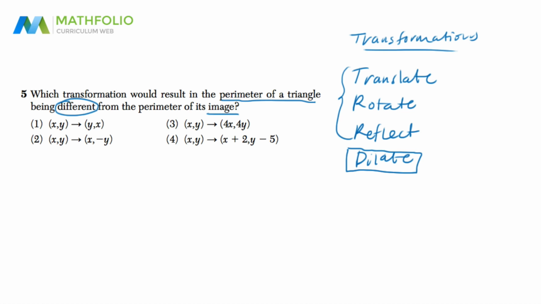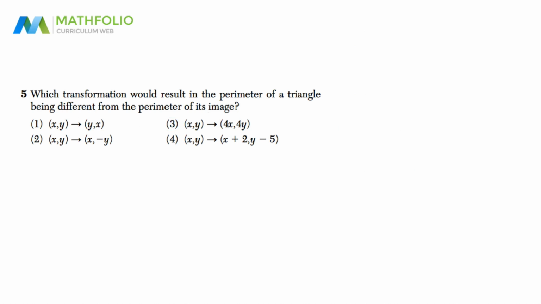So looking at these, this looks like it could have been a reflection over y equals x. This looks like a rotation, and then here we've got a translation. So this one here, because we've multiplied the x and the y by 4, your scale factor is 4. So this one is your dilation. So number 3 is the answer, because a dilation does not preserve distance.